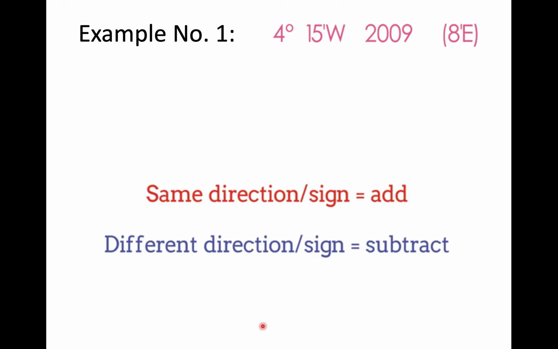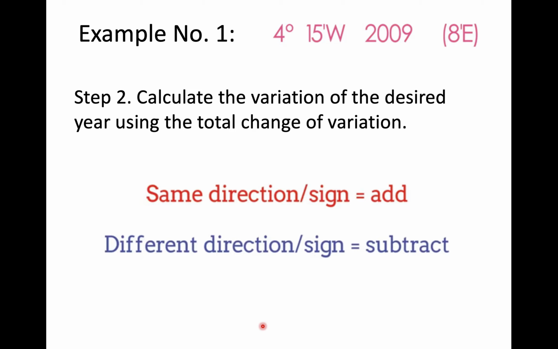Now for step two, we have to calculate the variation of the desired year using the total change of variation. We already solved for the total change, then we have to calculate our variation for 2020. Please do not forget this rule: same direction or sign, you have to add it.